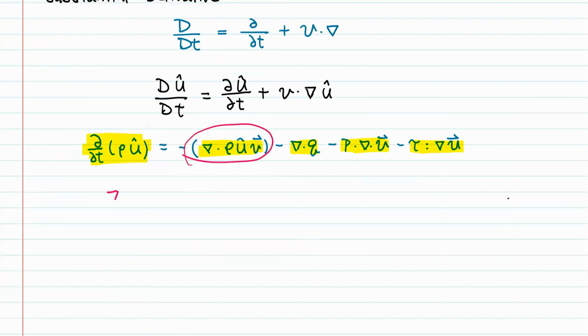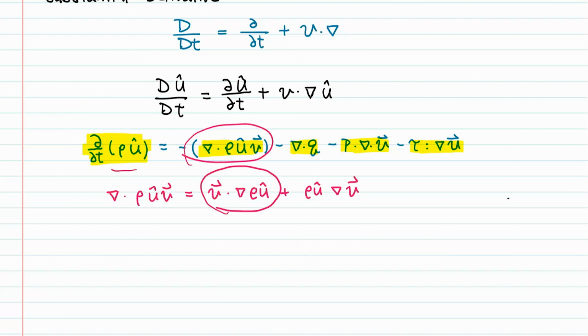We can actually decouple it: the convective transport, the divergence of rho u v, equals v dot the gradient of rho u plus rho u times the divergence of velocity. By doing this, you see that this term with our left hand side will become the substantial derivative, because we have a negative sign here.